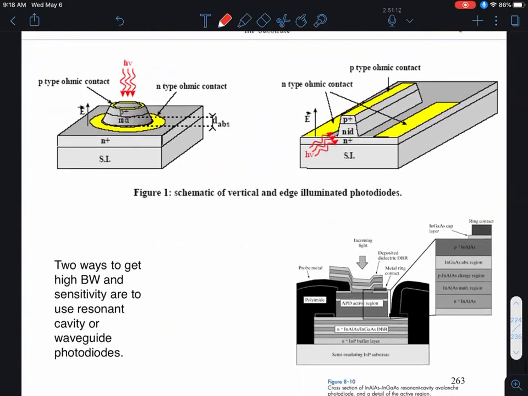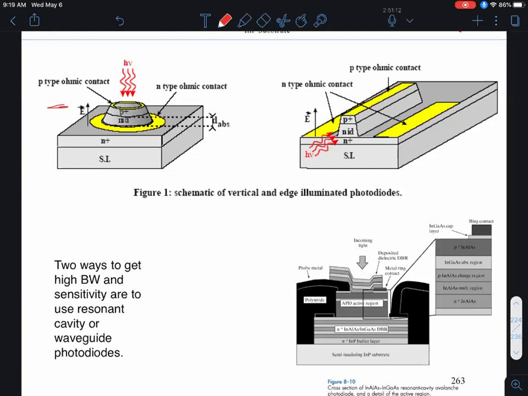Now, there's other tricks that people play in order to improve the gain bandwidth product, meaning ways by which you can get both high sensitivity and speed. Okay, the issue once again is if you look at this structure on the top left-hand corner, you have a PIN diode or a PN diode, maybe with heterostructure, so that I get APD and so on and so forth.